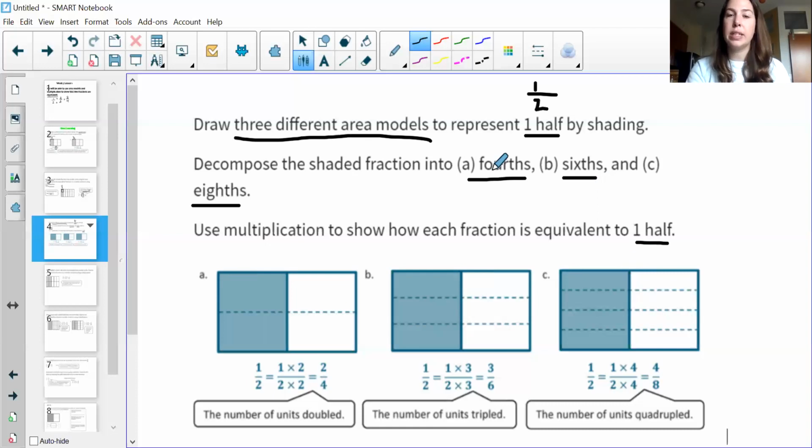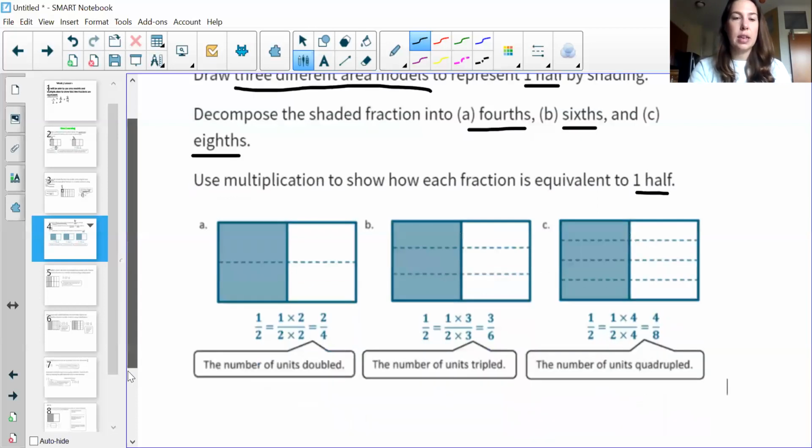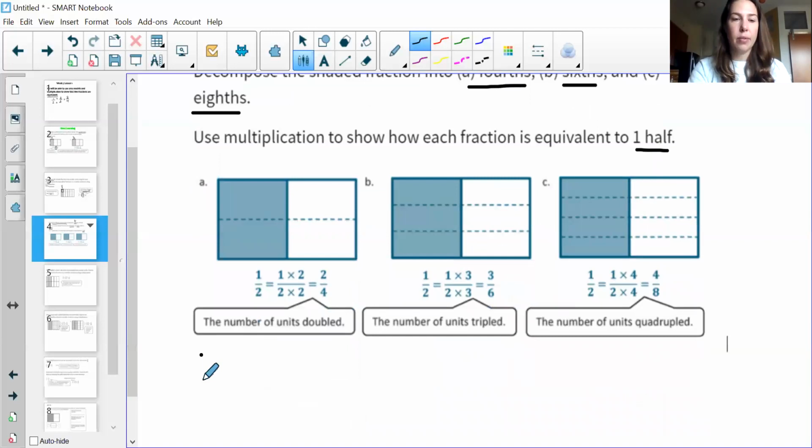The first one, we need to take our 1/2 and change it into fourths. So the way that you can think about this is if you start with 1/2, what do you multiply times 2 to get 4? So I have a half.